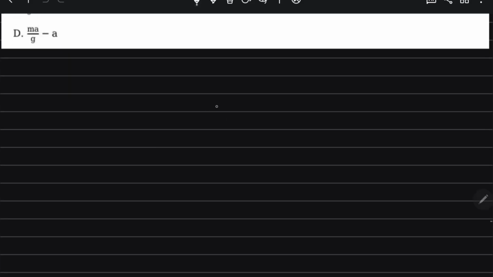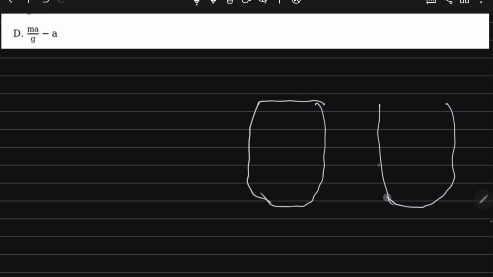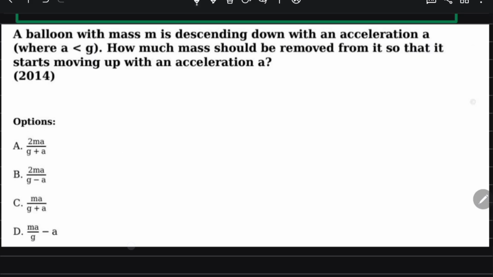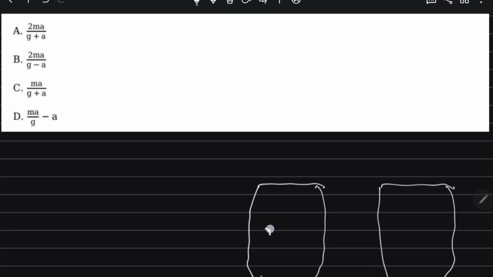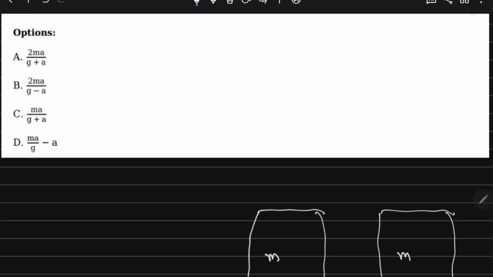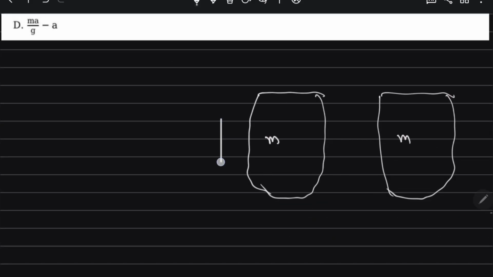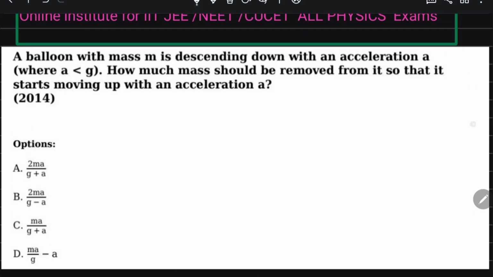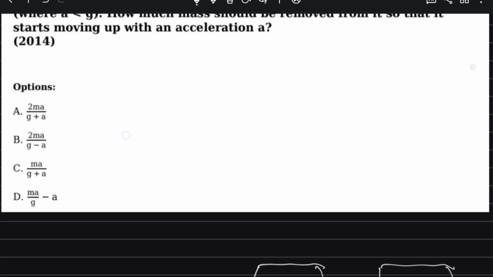So it is like this situation. First, a balloon with the mass m is descending, meaning it is coming downwards with an acceleration a.